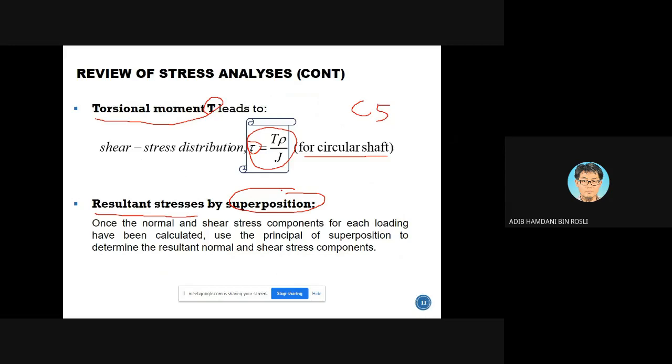You cannot do that. You need to be careful because of the location and which direction is positive, tension or compression, or even in the tau, the shear stress, whether it goes this way or that way. So you need to be careful. But generally speaking, you need to use the superposition principle.